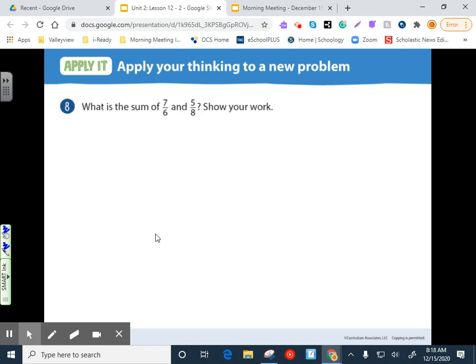Number 8. What is the sum of 7/6 and 5/8? Okay, so this one is not as convenient as the last one, but 7/6 plus 5/8. All right, so here are our original denominators. Up here, let's show the multiples of these two numbers.